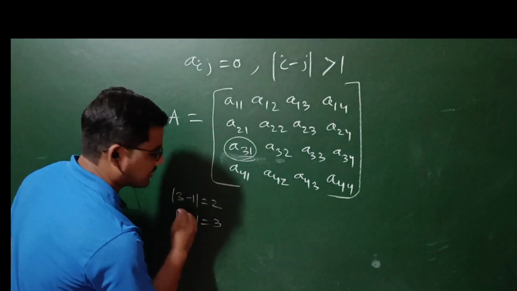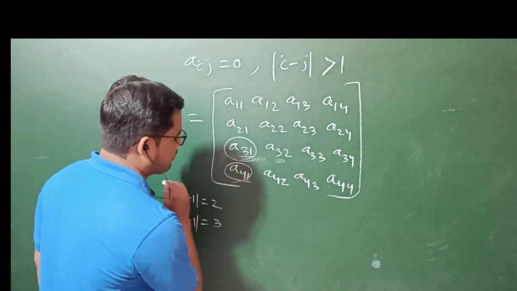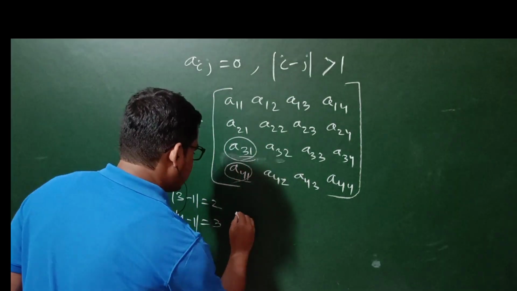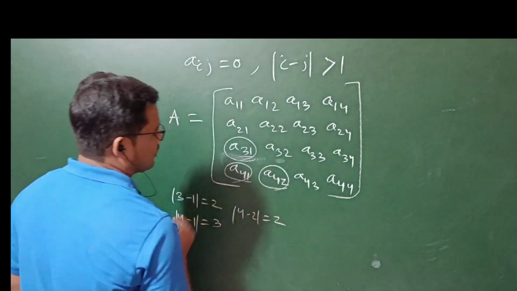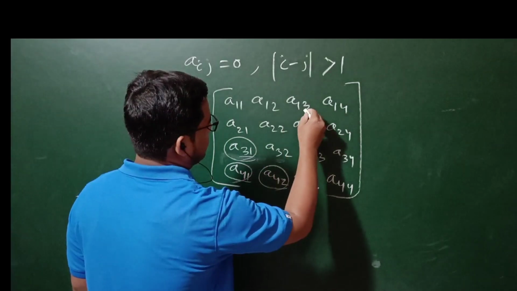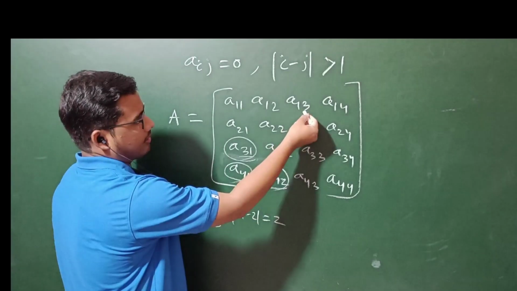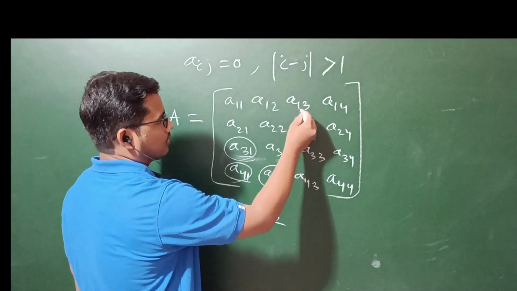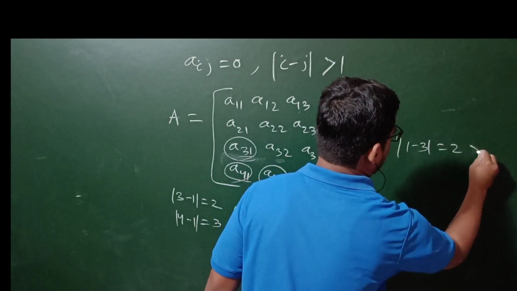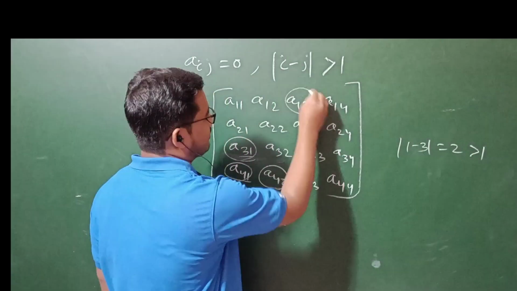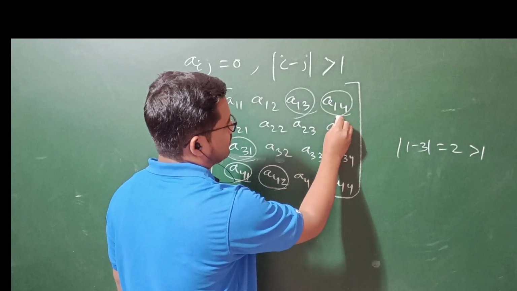Here 4 minus 1, this is 3. So this element will be 0, and this element also 0. And here 1, 3. So the difference is mod of 1 minus 3, which is 2, which is greater than 1. So this element will be 0.